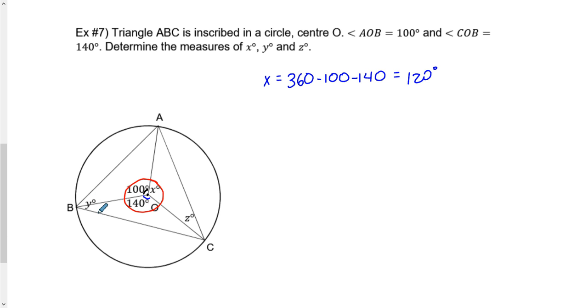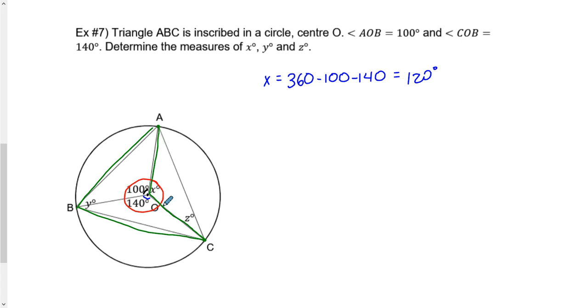Next one, we can solve for angle Y. Because we have the arc AC, which has a central angle of X, and its inscribed angle. So we have this angle here, and we have this central angle right there.